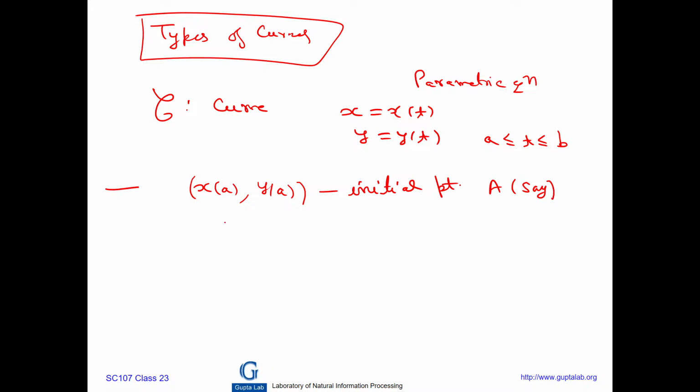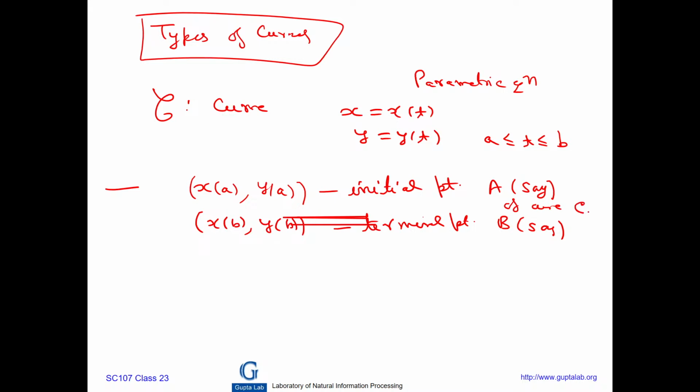Similarly, we have the terminal point, or final point, call it B, of curve C. So there is a curve, and we are able to write a parametric equation. Then t is equal to a will give you the initial point on the curve, and t is equal to b will give you the final or terminal point on the curve.